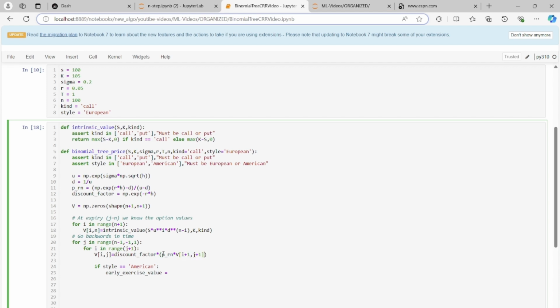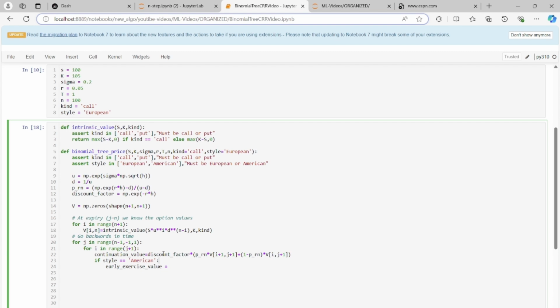If the stock goes down, you're at 1 minus p risk neutral times, remember, if it goes down, it stays at the same height, so it's going to be i, and then j plus 1, next time step. So let's call this continuation value. So this is the value of the European option, right?